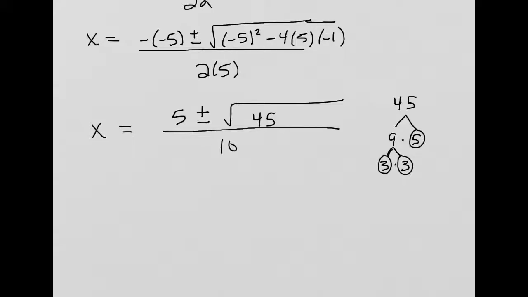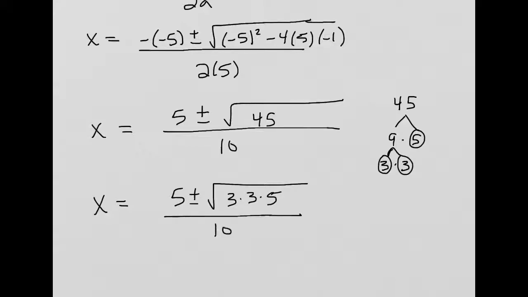So 45 is really just 3 times 3 times 5 when I factor it into its primes. So we're left with 5 plus or minus the square root of 45 is just 3 times 3 times 5, all over 10.